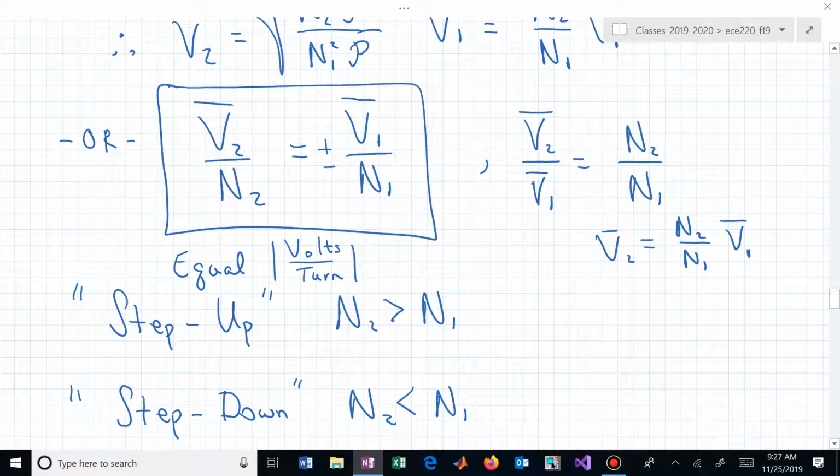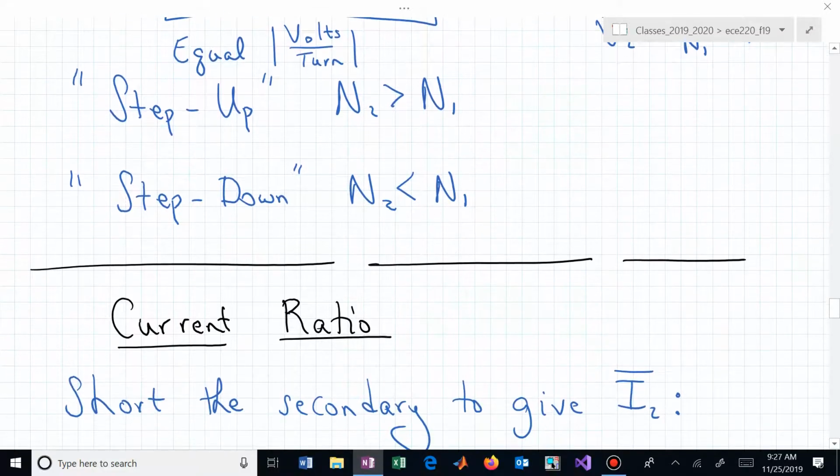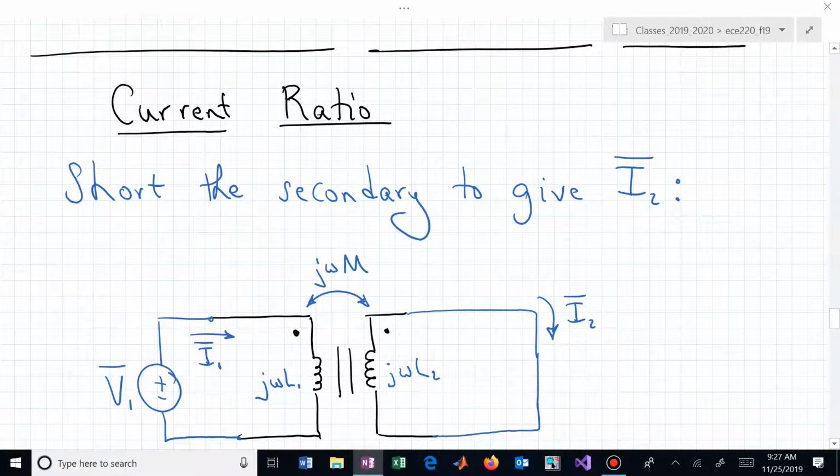That would be called a step-down transformer. The up and the down refer to the voltage levels. And current goes in just the opposite direction. With a step up, your current is going down, and with a step down, your current is going up because the power stays the same. That gets confusing, so when you're saying step up and step down, know that you're referring to voltages.